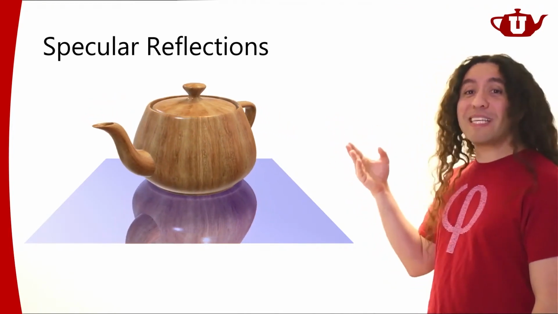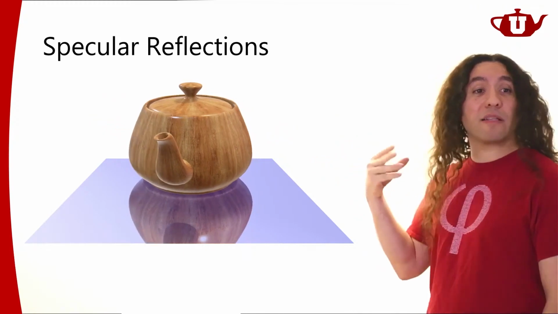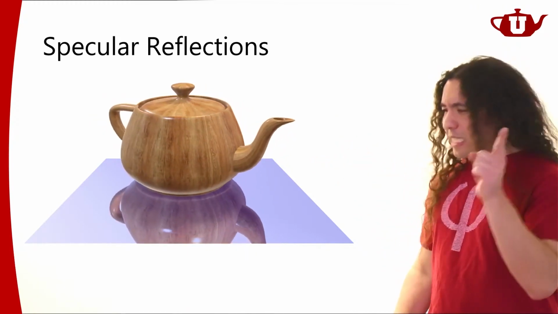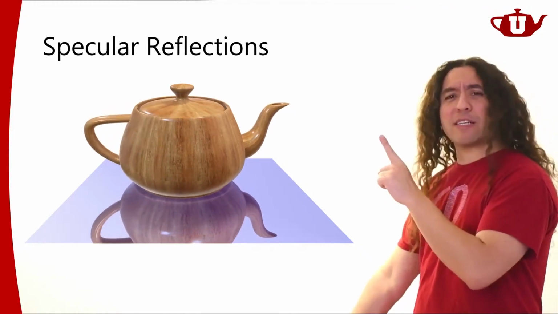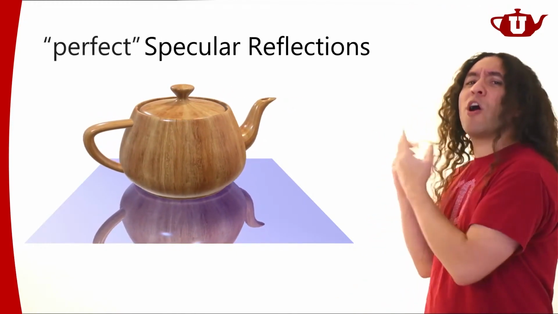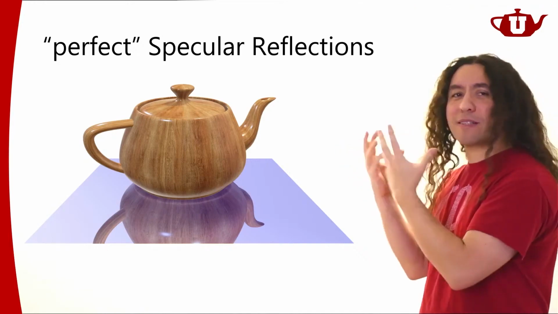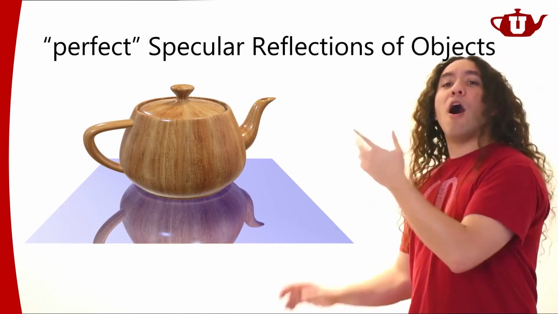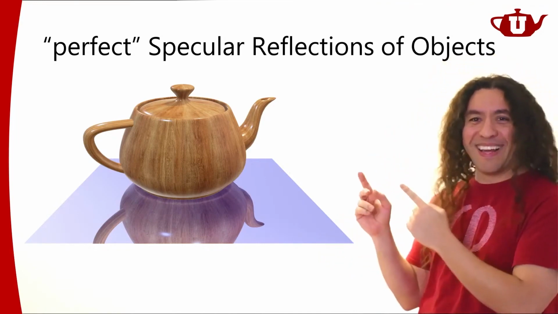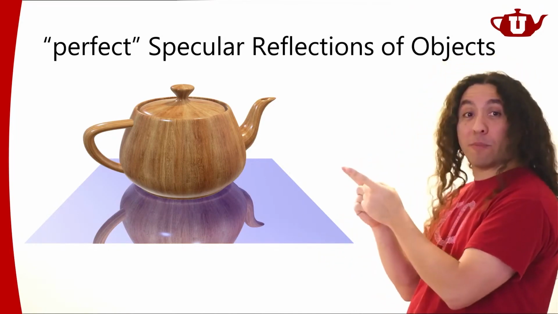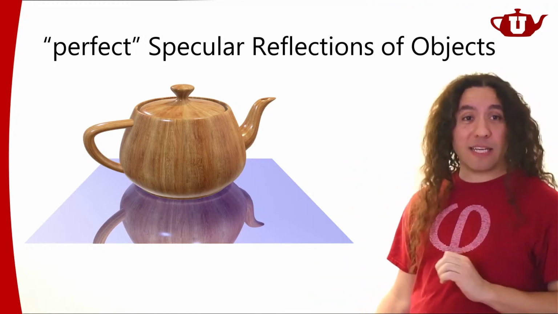So these are going to be the specular reflections of other objects. Actually, I'm going to put one more adjective here. It's going to be perfect specular reflections of objects, right? Not light sources. Perfect specular reflections of objects. So that's what I mean when I say reflections.